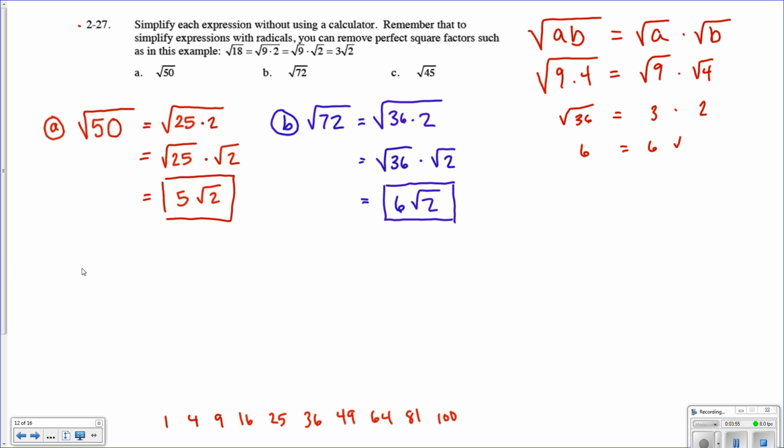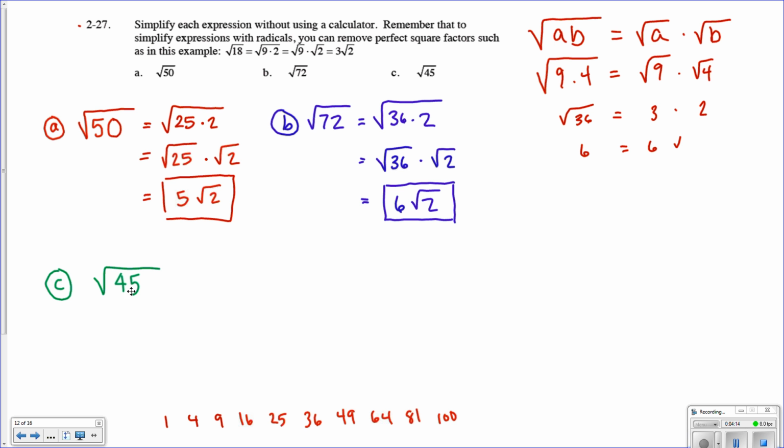Let's do letter C. That's the square root of 45. So the square root of 45, well, as we look at it here, we want to ask ourselves, is there any perfect squares that go into 45?